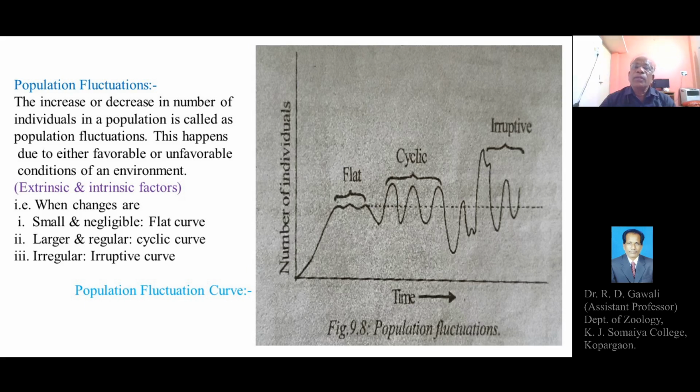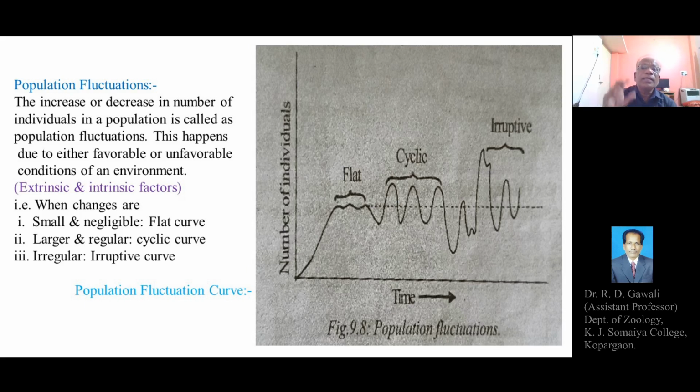So population fluctuations can be observed in three different types. There are three different modes of population fluctuations that can be studied under three different conditions.